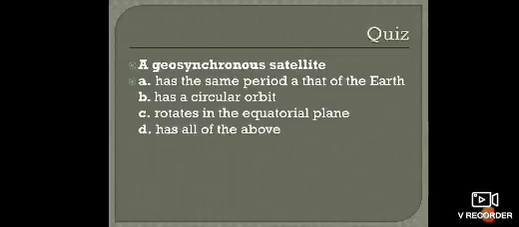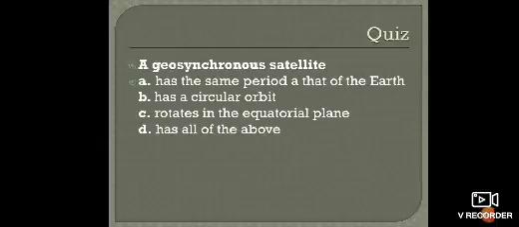It has the same period as that of the Earth, or it has a circular orbit, or it rotates in the equatorial plane, or all of the above. A geosynchronous satellite is also called a geostationary satellite.